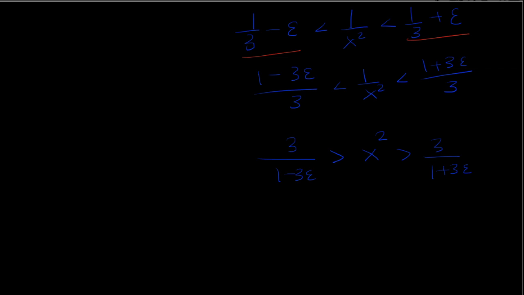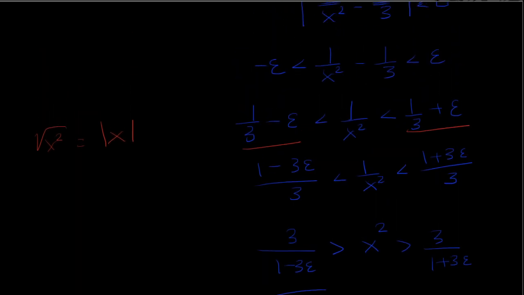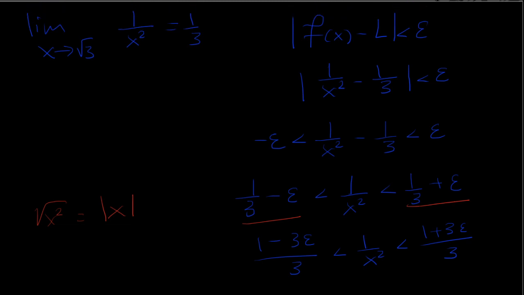Now I want to get x instead of x squared, so I'm going to take the square root of everything. So we'll have the square root of 3 over 1 minus 3 epsilon. And here we're having the square root of x squared, which we know is the absolute value of x. But here the x that we're approaching is root 3.